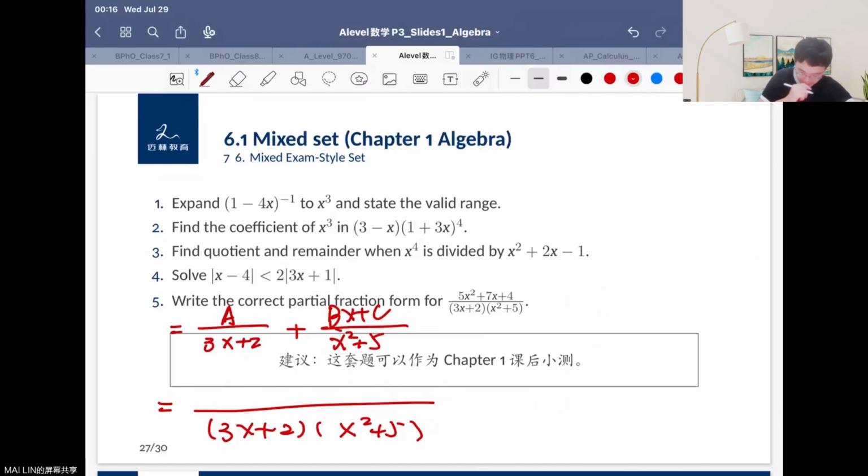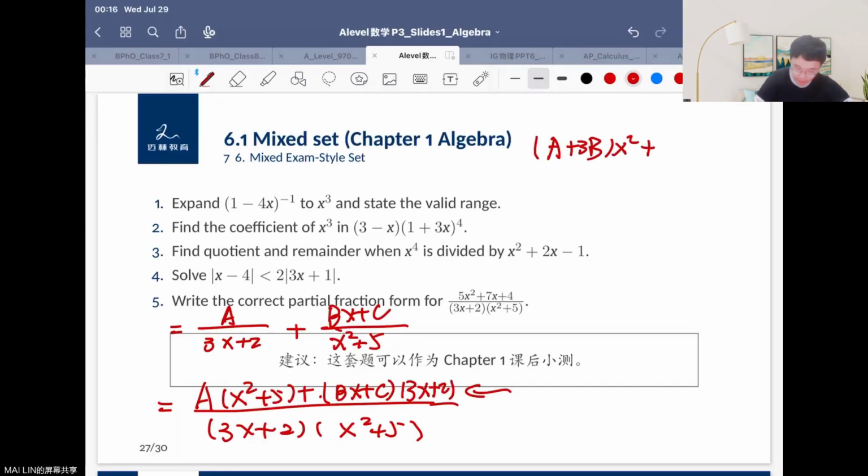We can say here is a times (x squared plus 5), then plus (bx plus c)(3x plus 2), right? So the numerator can be expanded as (a plus 3b)x squared, and for x, that is (2b plus 3c)x, and then plus 5a plus 2c, right?